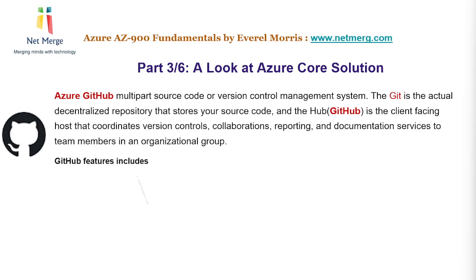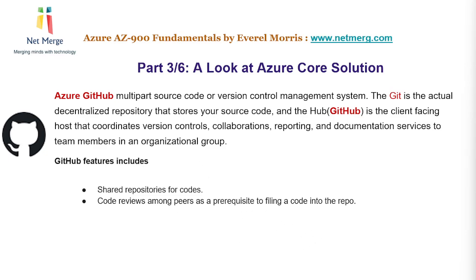Now, GitHub features include the following: shared repositories for code. You can do code reviews among peers to make sure that prerequisites are fulfilled before code is stored in the repo. You don't save the code until you and your peers review it and make sure all the standards and coding notations are adhered to. It also accommodates project management tools such as Kanban boards.